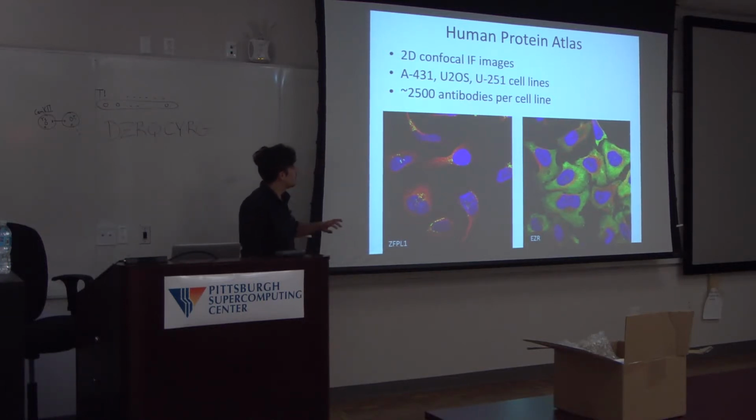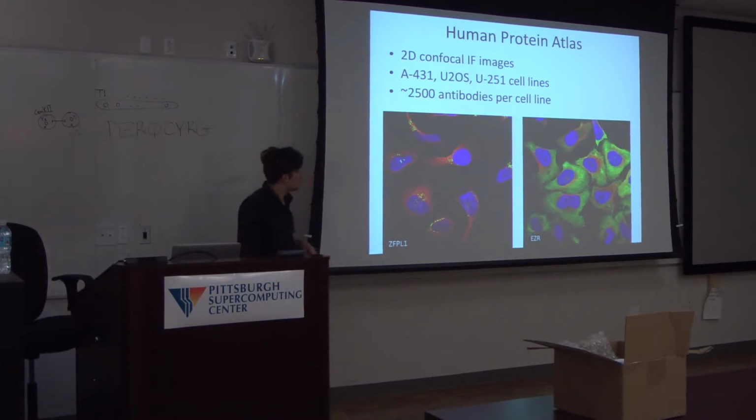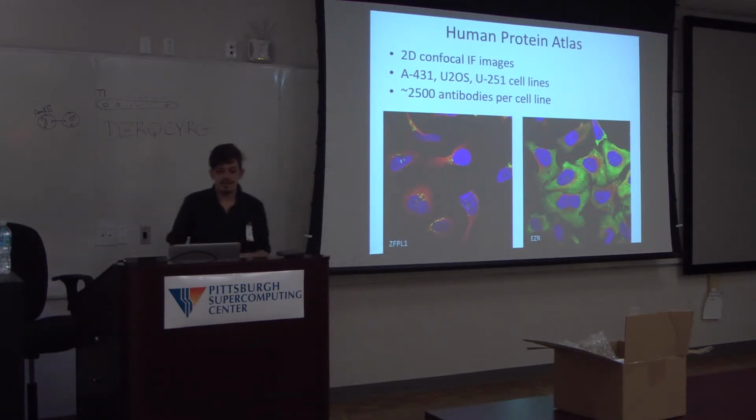And so here I focused on the vesicular annotation of cells in this database. Vesicular is a catch-all in the fluorescence microscopy literature for anything that is more or less punctate inside the cell body.